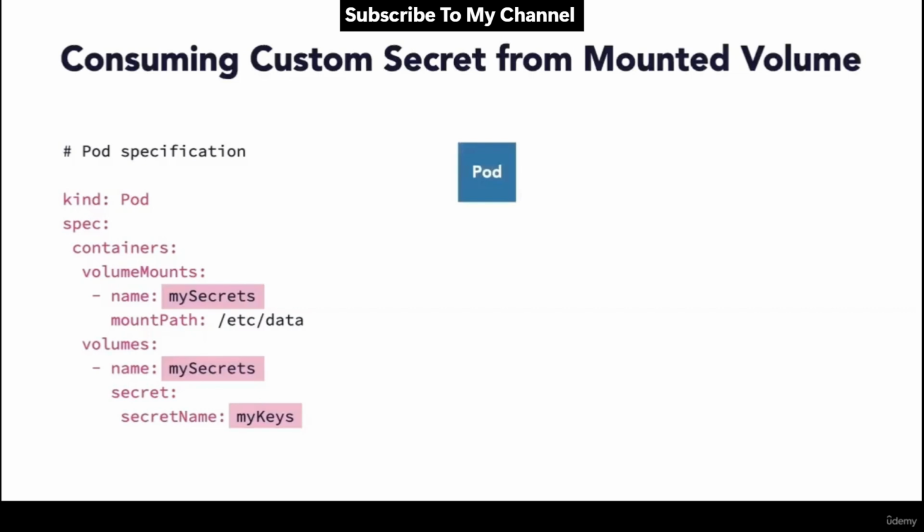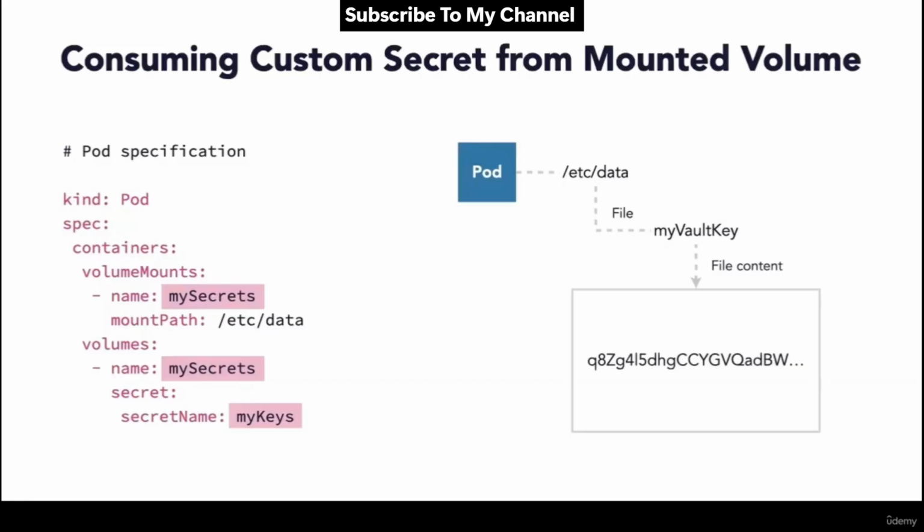But how does the secret volume look from the point of view of a pod? If you recall, a Kubernetes secret object is actually a key value pair. The key portion of the key value pair appears as the file name. The value portion of the pair appears as the content of the file. We will get to the subject of creating secrets in a second, but for the time being, in this example, let's say when you created the secret, your key was my vault key.